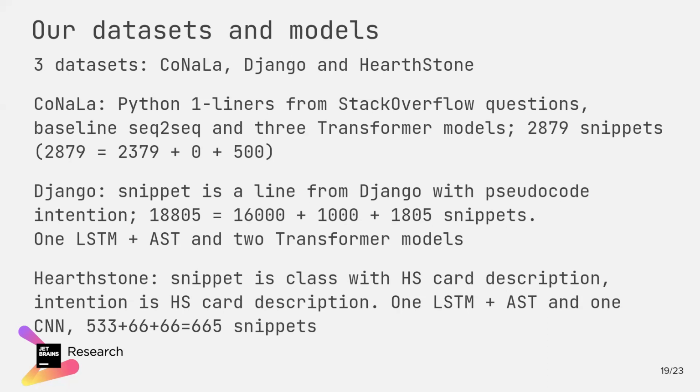So let us start with the CoNaLa dataset. The CoNaLa dataset consists of 2,879 examples, which are split into 2,379 training examples, 0 in validation, and 500 in test. It has been crawled from Stack Overflow and then manually curated by human annotators. For the CoNaLa dataset, the intents are really quite well written, and the reference snippets are always quite to the point because they've first been voted as the best answers, maybe second best answer, by the Stack Overflow users.